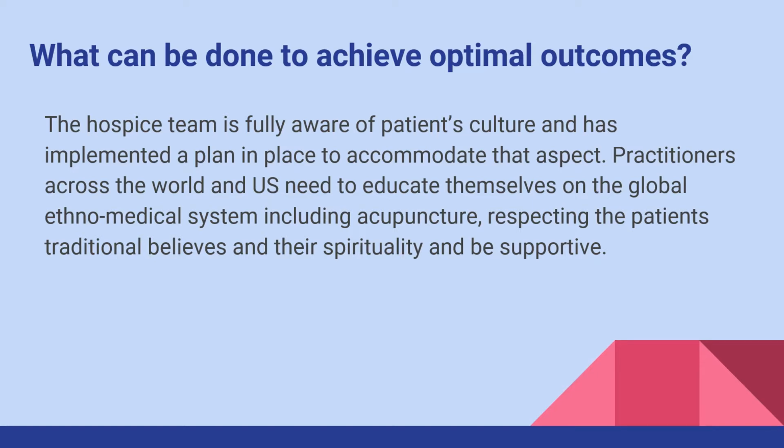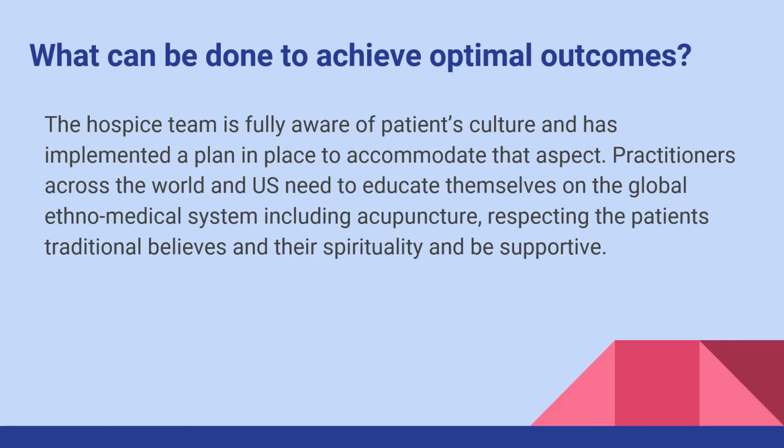What can be done to achieve optimal outcomes? The hospice team is fully aware of the patient's culture and has a plan in place to accommodate that aspect, which means the patient is allowed to use his Chinese traditional treatment of acupuncture and other Chinese treatment as well.